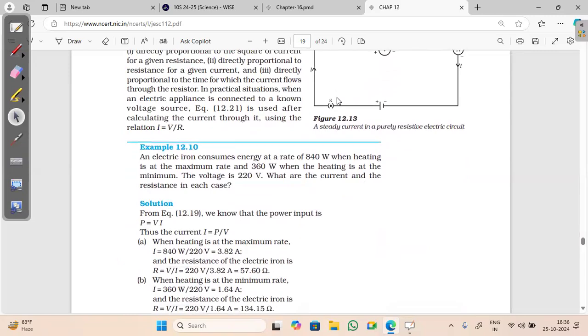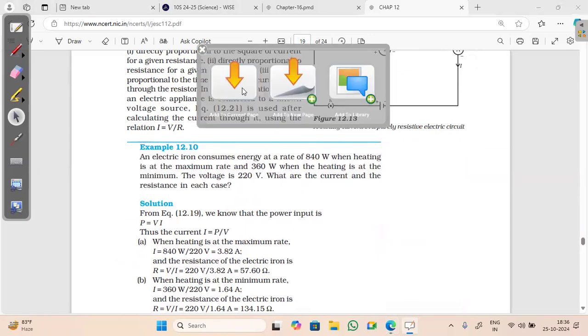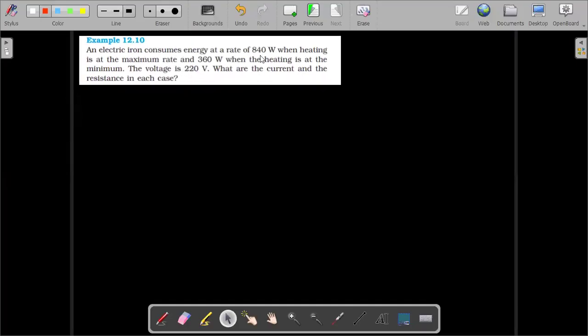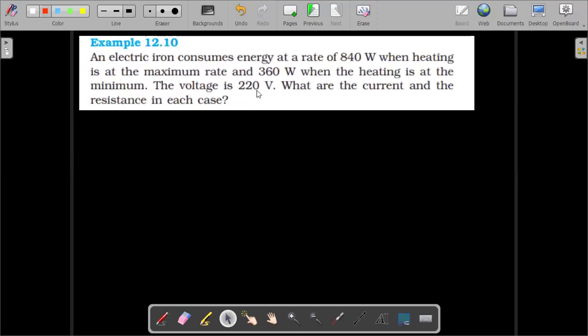Okay, let's see this question. An electric iron consumes energy at a rate of 840 watt when heating is at the maximum rate, and 360 watt when the heating is at the minimum rate.